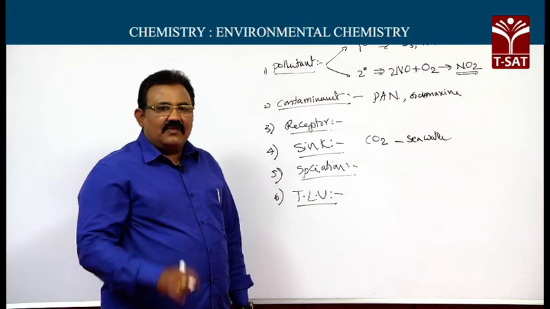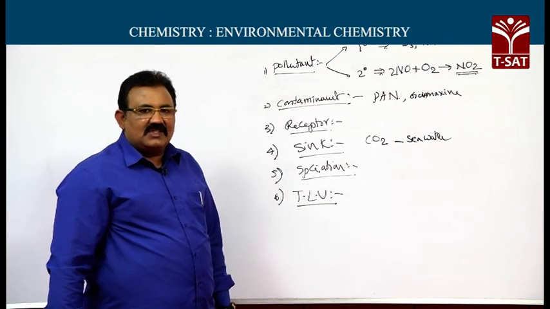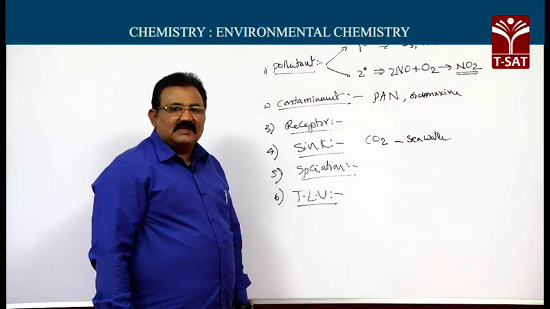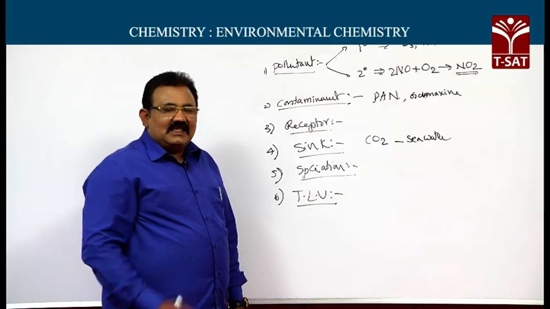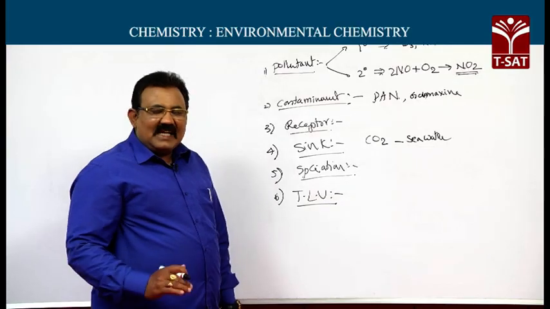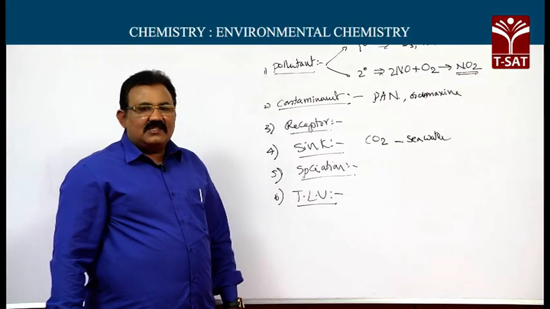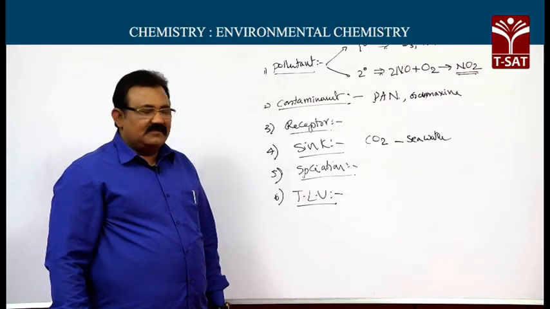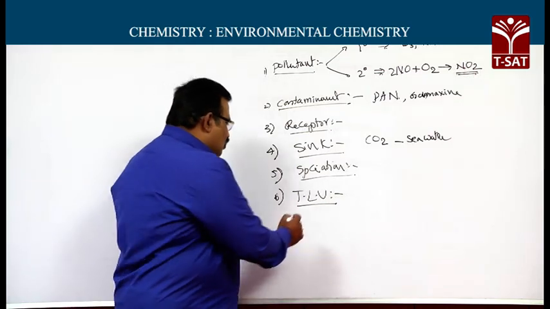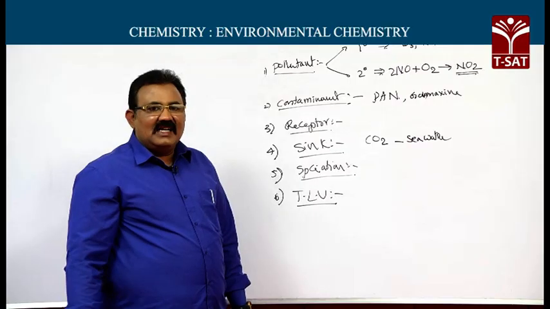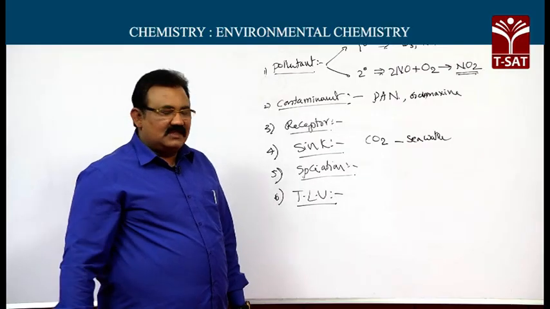That level of pollutants in the air is known as the threshold limit value. If the threshold limit value is exceeded, then that pollutant is very harmful to mankind. So, the lesser the threshold limit value, the greater the toxicity of that pollutant.